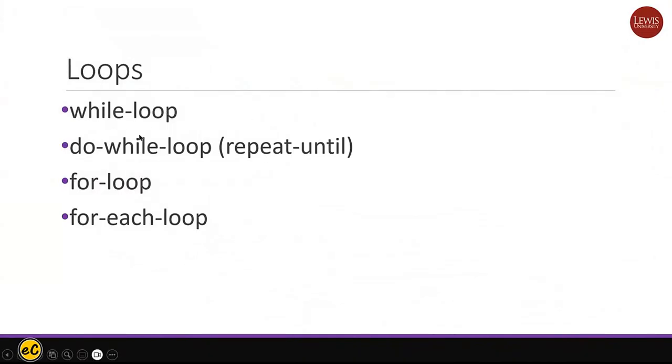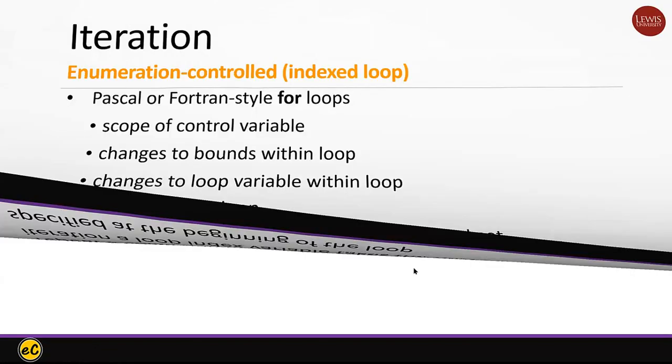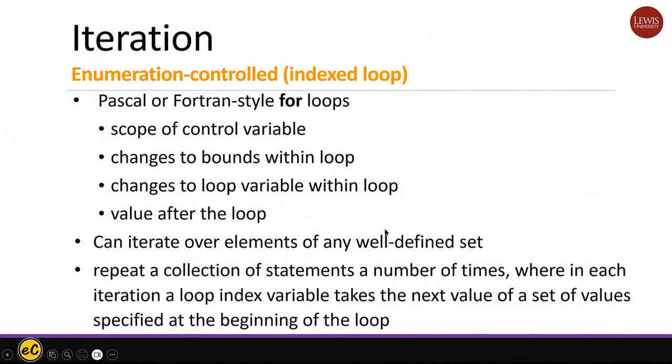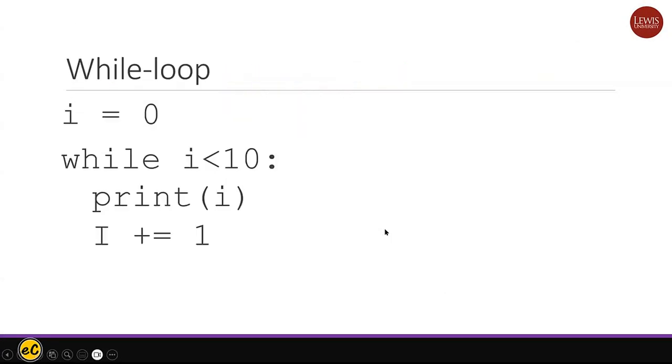For loop structures, you have the while loop, do while loop, for loop, and for each loop. You need to know about each different type of loop. The first one is the while loop. Basically you know about the exit condition.